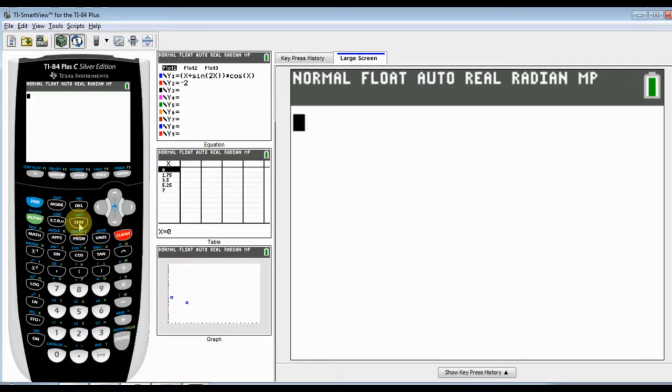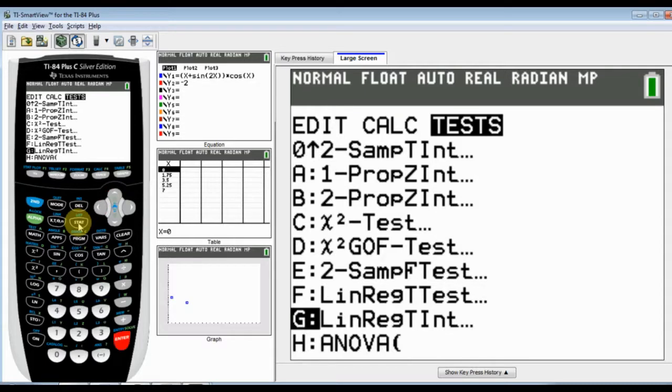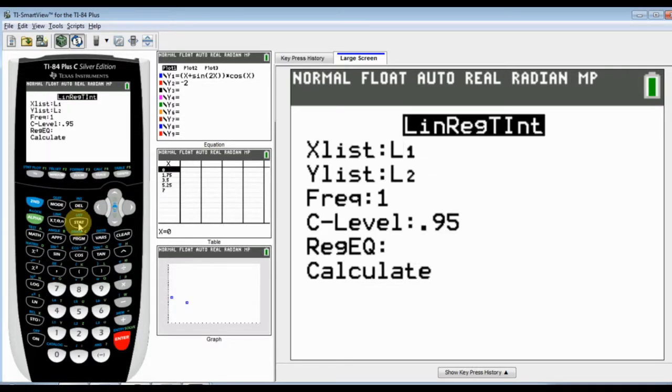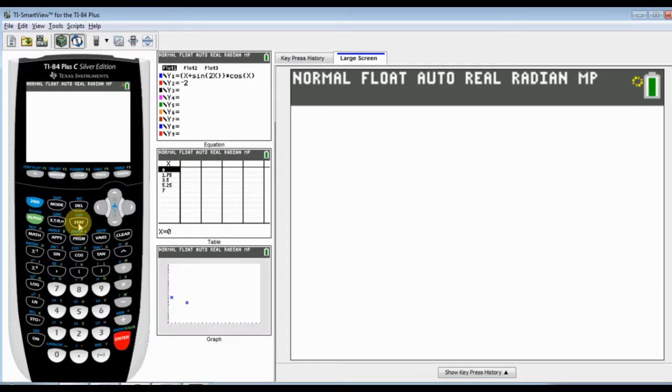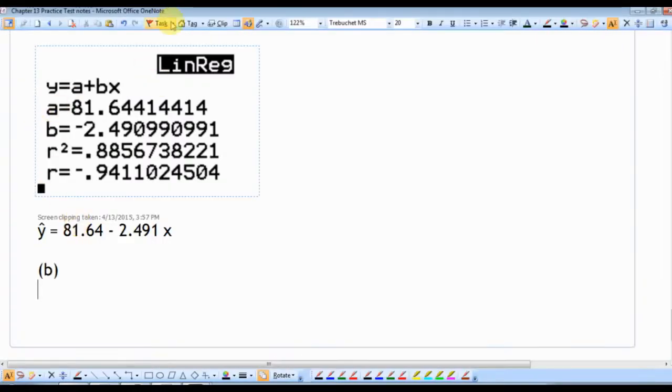I want to do that program, right? There we go. Let's take a screenshot of that.